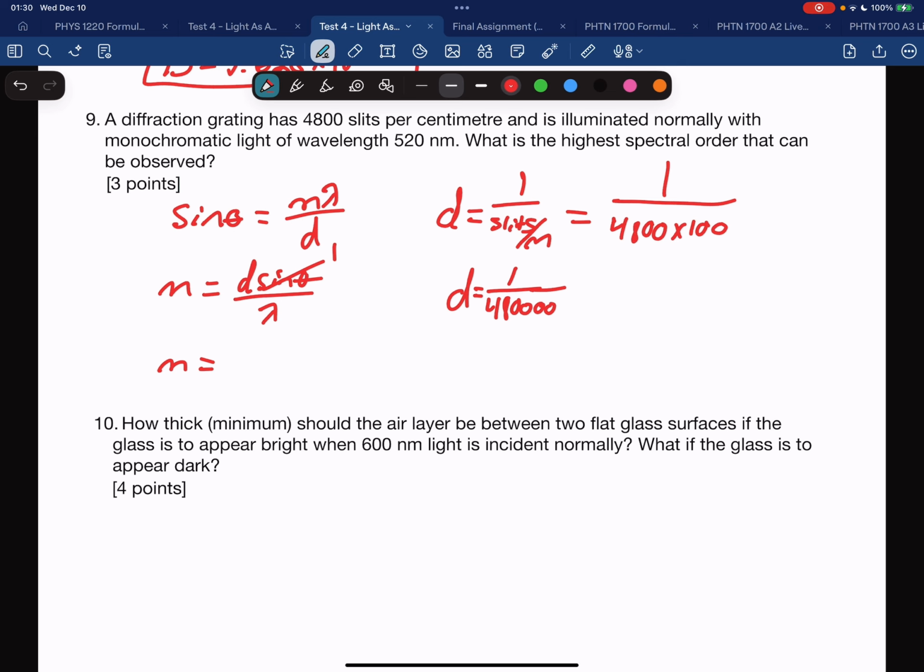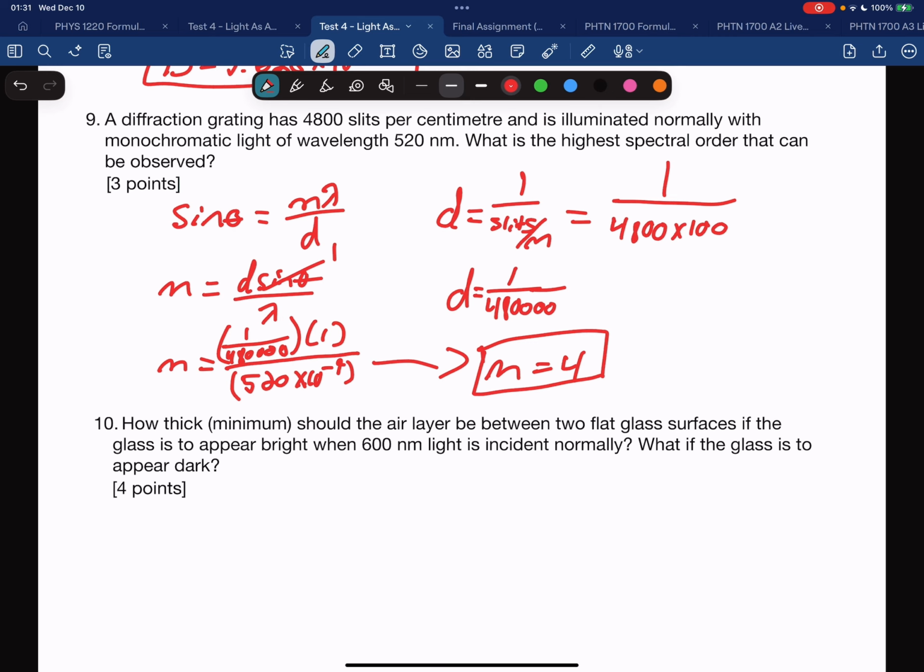So this ends up getting us 1 over 480,000 times 1, all over our wavelength of 520 times 10 to the negative 9. And this over here gives us an M value of like 4.006 something. M just equals 4. So that was our value here.